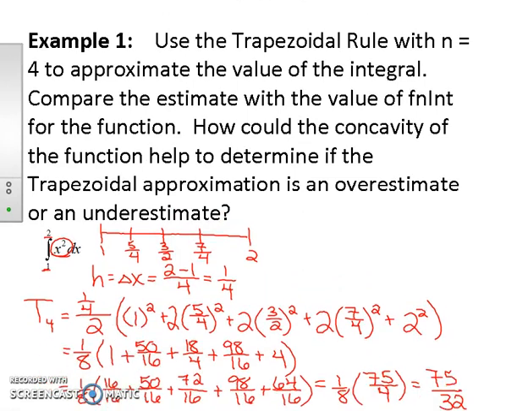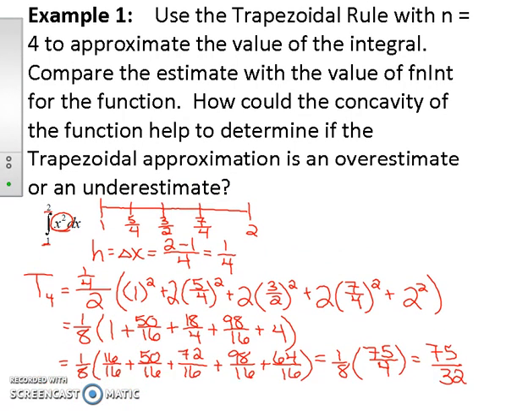So if we go back and read our question here, how could the concavity of the function help to determine if the trapezoidal approximation is an overestimate or an underestimate? We're looking at y equals x squared. Here's maybe 1 to 2. So basically from here to here is what we're looking at for the area under that. That graph's concave up.